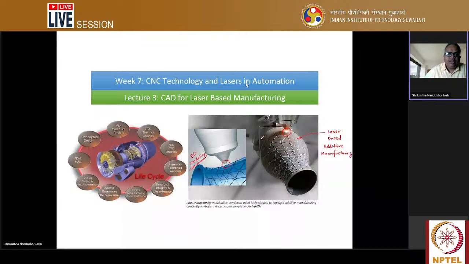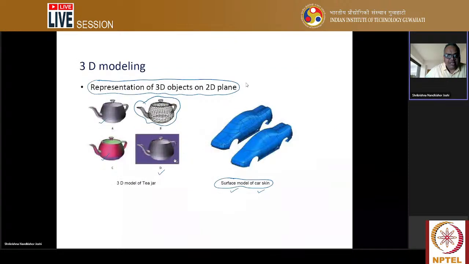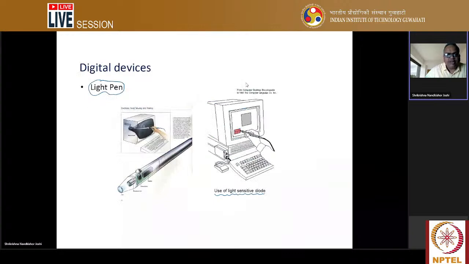So for this purpose, we should know the meaning of CAD and what the various CAD technologies are, and how these technologies are helpful to realize parts or to convert ideas into real-life components or prototypes. So the CAD/CAM, the scope of CAD/CAM, then the meaning of 2D modeling, 3D modeling, and various components or parts of this 2D or 3D modeling.